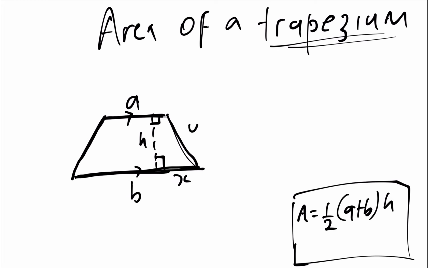They will try to trick you into using y as your height. That would be wrong, since y is not the perpendicular height. The perpendicular height in our case is h. That's my emphasis.